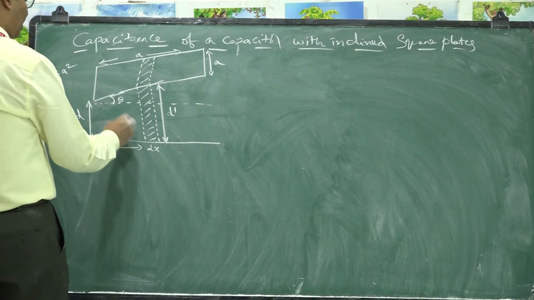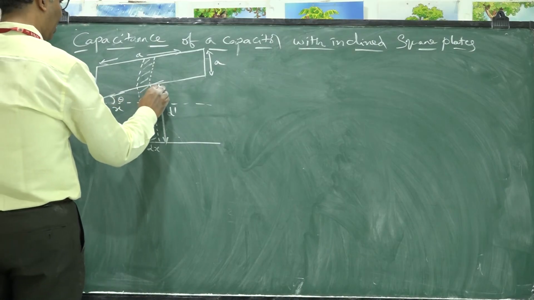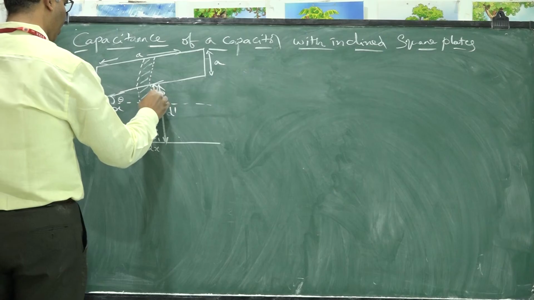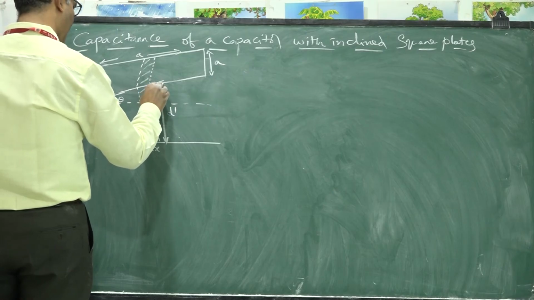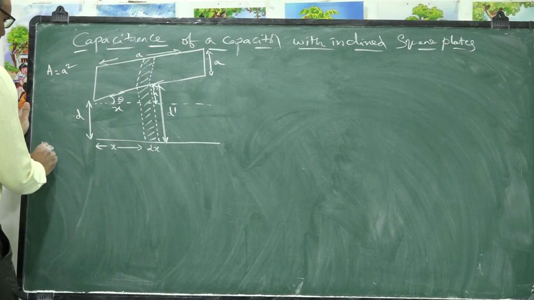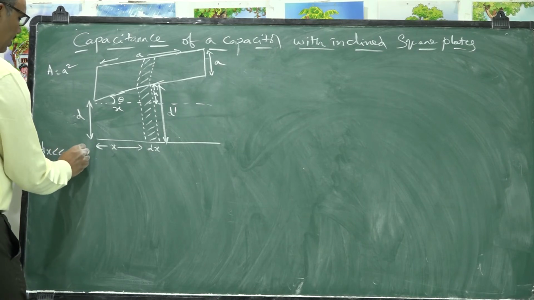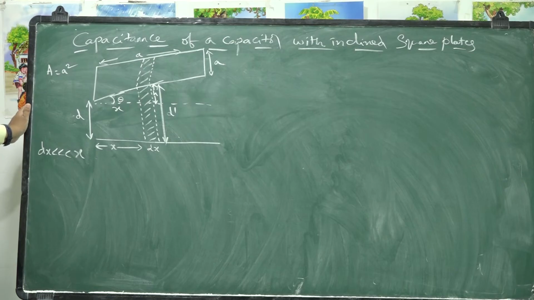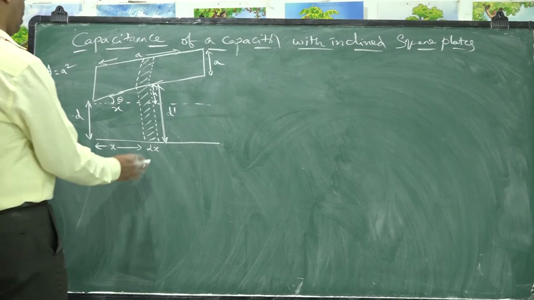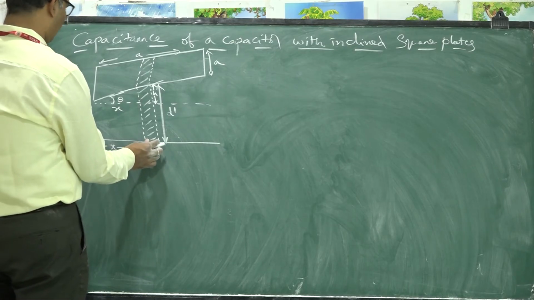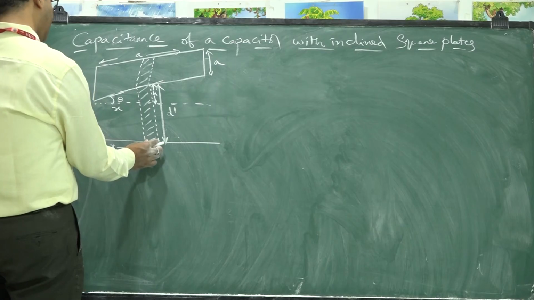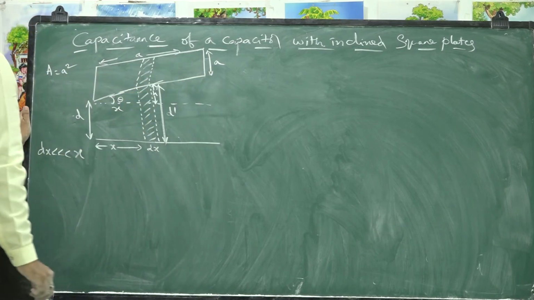Let me take this height as h. dx is very, very small when compared to x. First of all, let me find the capacitance of this capacitor part, and later I will do integration.